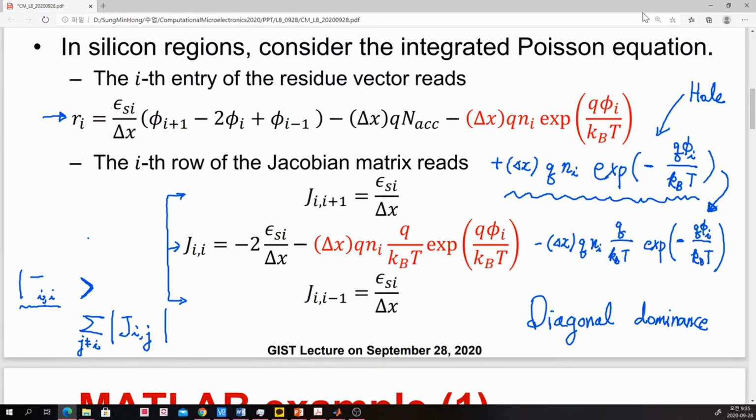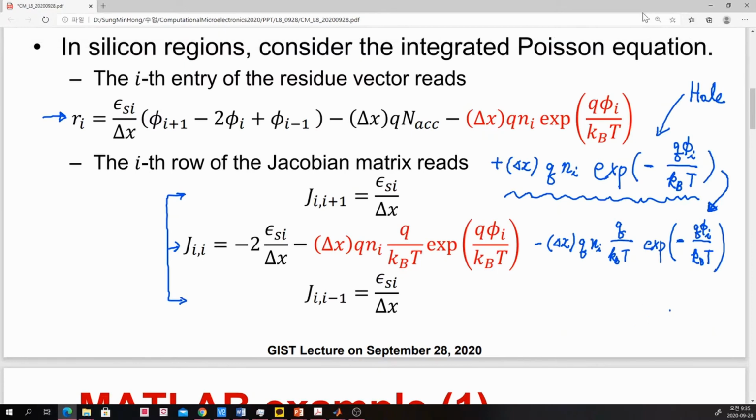Okay, anyway, now our matrix has quite good properties from these two conditions, and now let's go to the real implementation. Compared with the previous Poisson equation under the depletion approximation, the only difference you have to introduce in this lecture is to add this Jacobian component and of course this residue component.